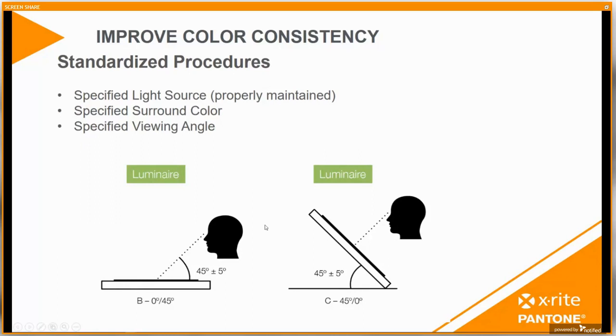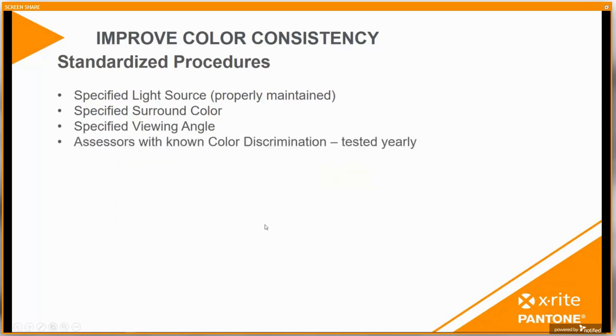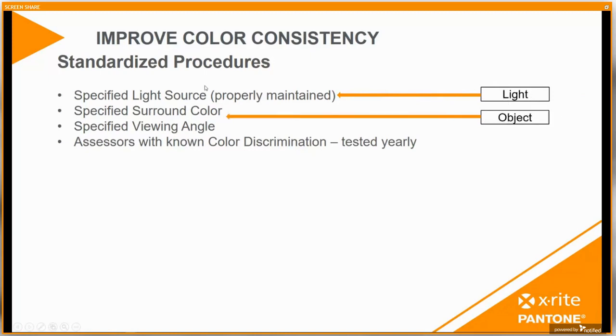And of course, as we said, you need assessors with known color discrimination who have been tested yearly. So the specified light source, going back to color, we're taking care of the light. The surround color and the viewing angle, we're dealing with the object. And tested assessor, so we know what kind of color discrimination they have, we're dealing with the observer.